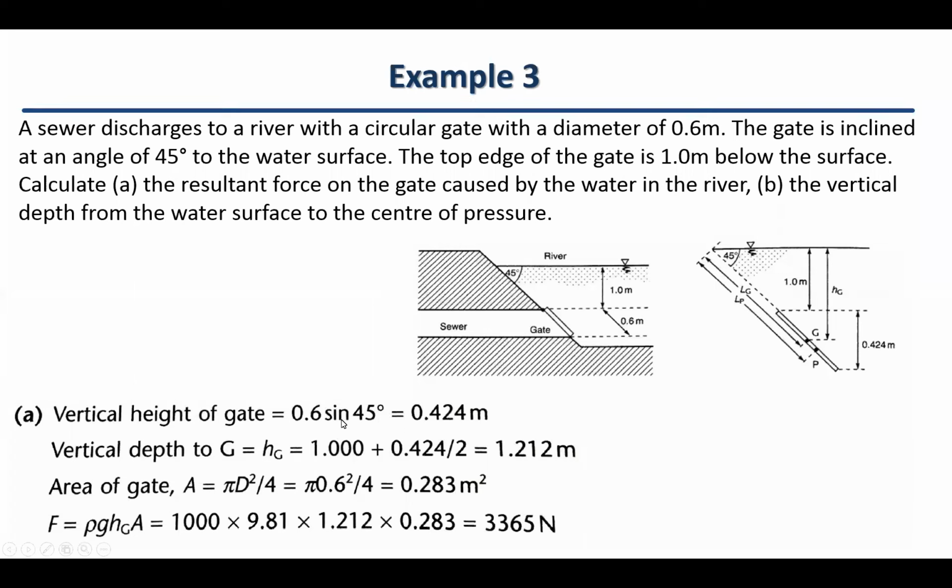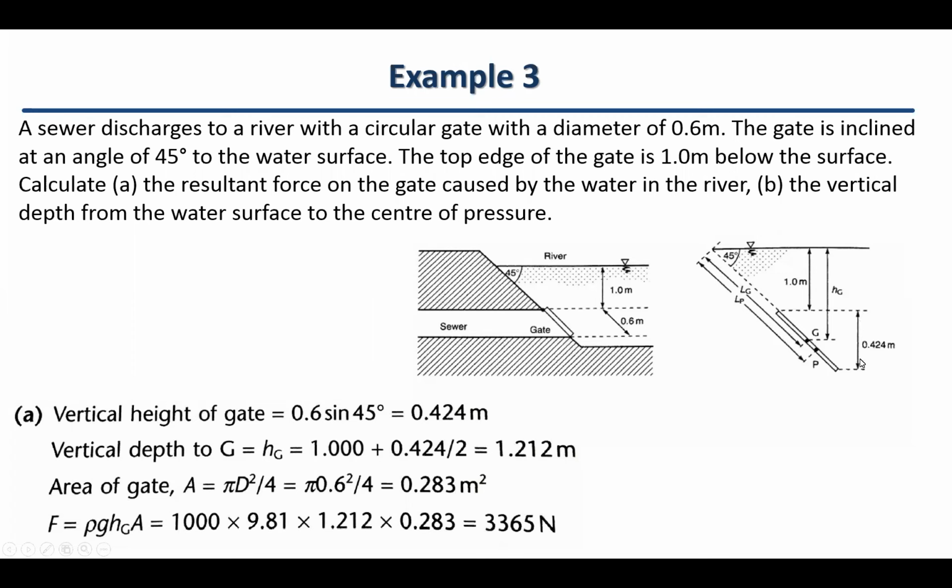And here we can easily use 0.6 times sine 45, which is equal to 0.424 meters. So this is like this section. The vertical height of the gate can be easily calculated based on trigonometry, the Pythagoras formula. You know how to calculate this one, very simple.